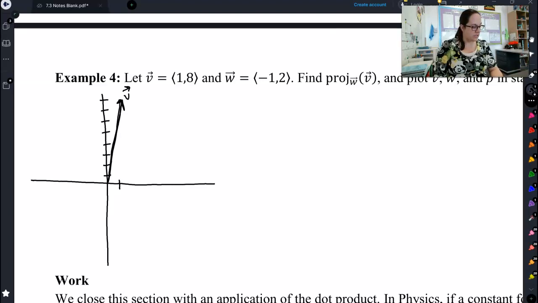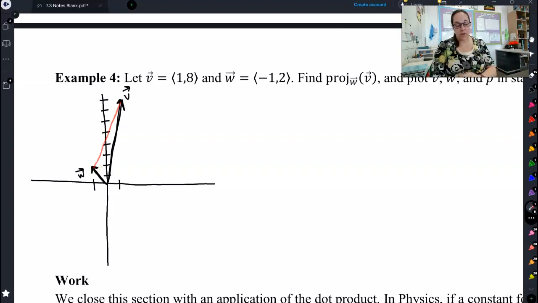And then I have vector w, which is at -1, 2. There's my vector w. Now, notice if I project v onto w right now, that is not a right triangle.